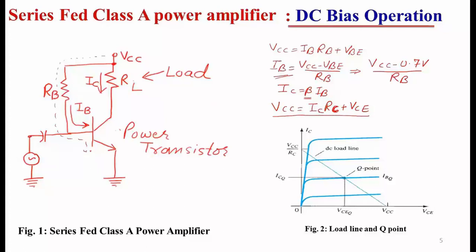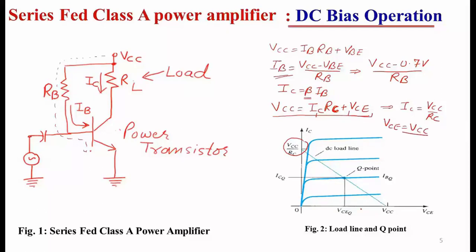When we have 0 VCE, on this section, we find IC is equal to VCC by RC. Here we can see that when VCE is equal to 0, IC is equal to VCC by RC. When IC is equal to 0, VCE is equal to VCC.